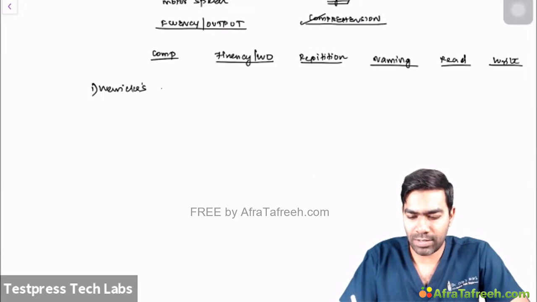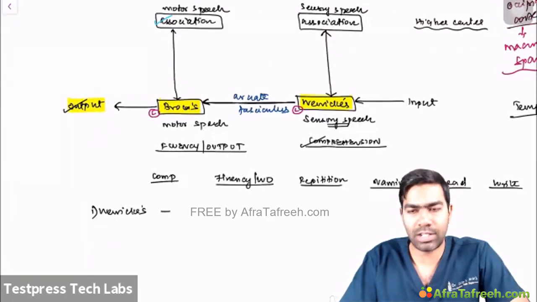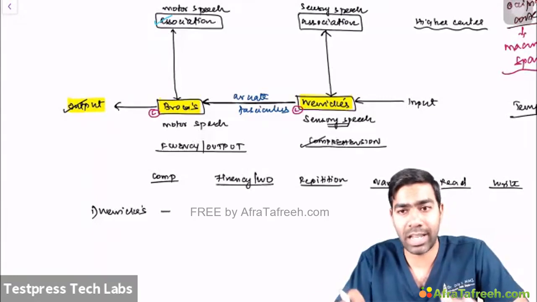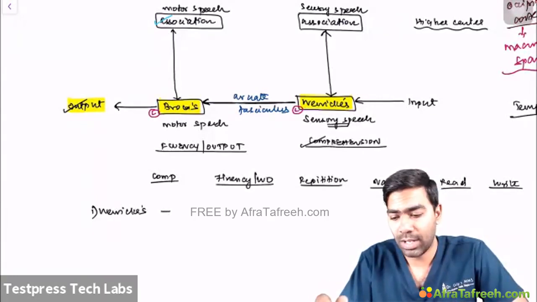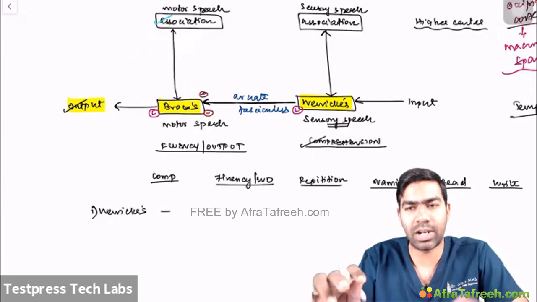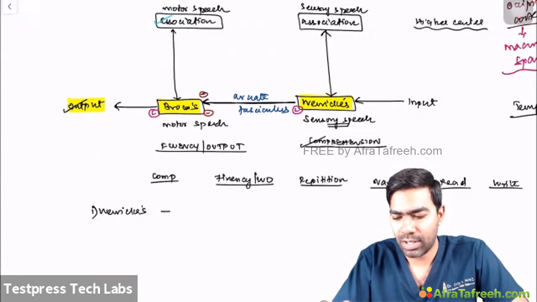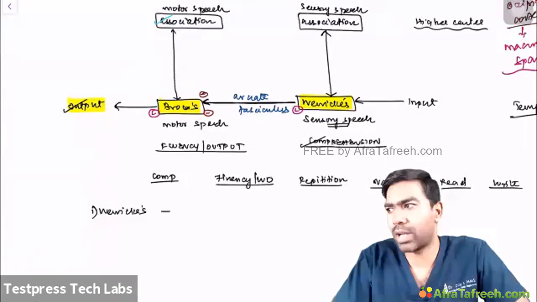Whenever you have Wernicke's aphasia, one more important thing is this. You can imagine, it's not a correct thing, please take my word, it's not a very correct thing, but imagine that Wernicke's area is going to keep the Broca's area under inhibition unless it's getting stimulated by Wernicke's. You can understand in that way. How can you get it in practical ways?